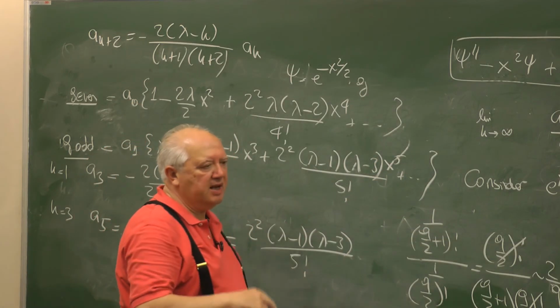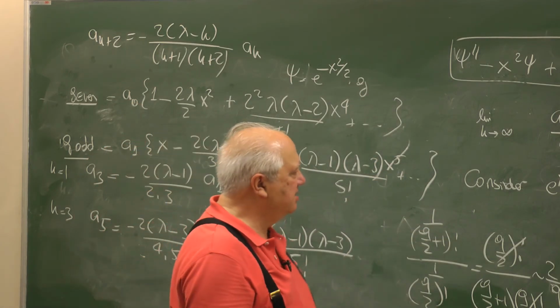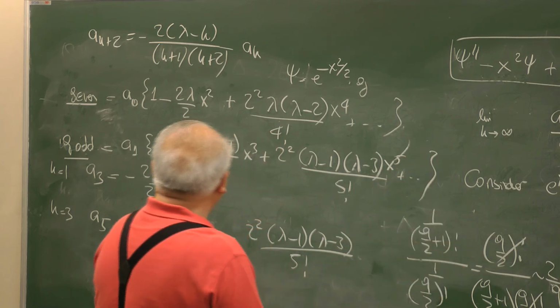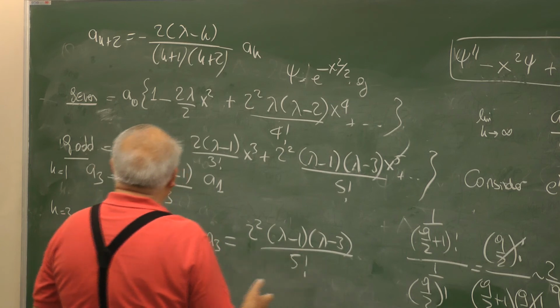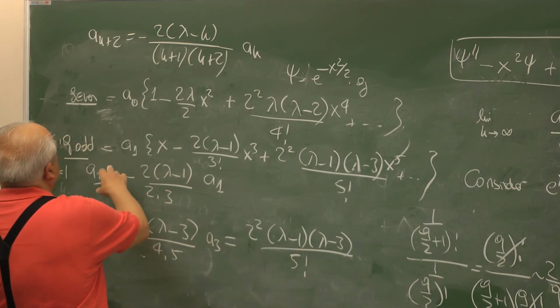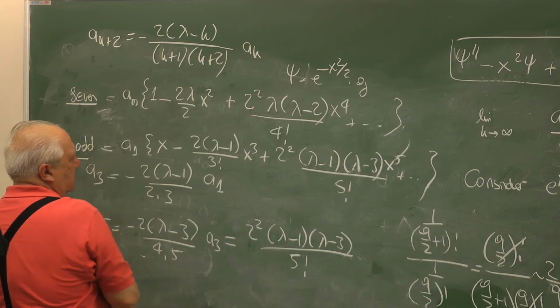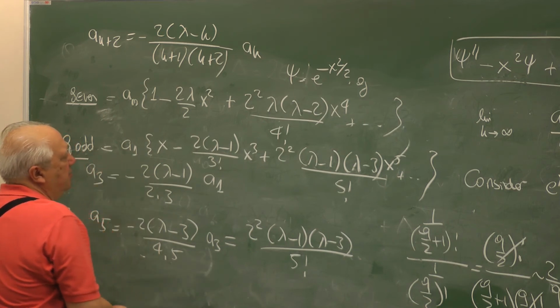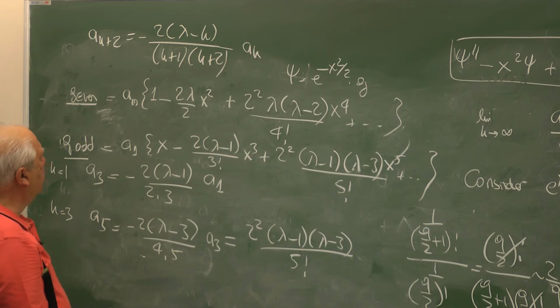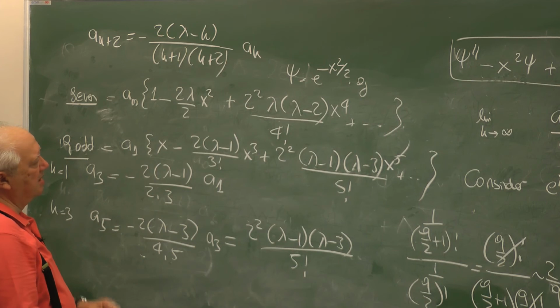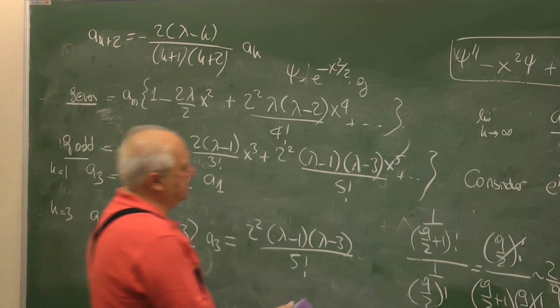The point is that we cannot stop both series at the same time. We stop one, the other one will blow. So for the blowing one, we will set, if it's even, A0 equal to 0. If it's odd, A1 equal to 0. So we will have one series that has terminated. The other series is totally ignored by setting its starting coefficient to 0.